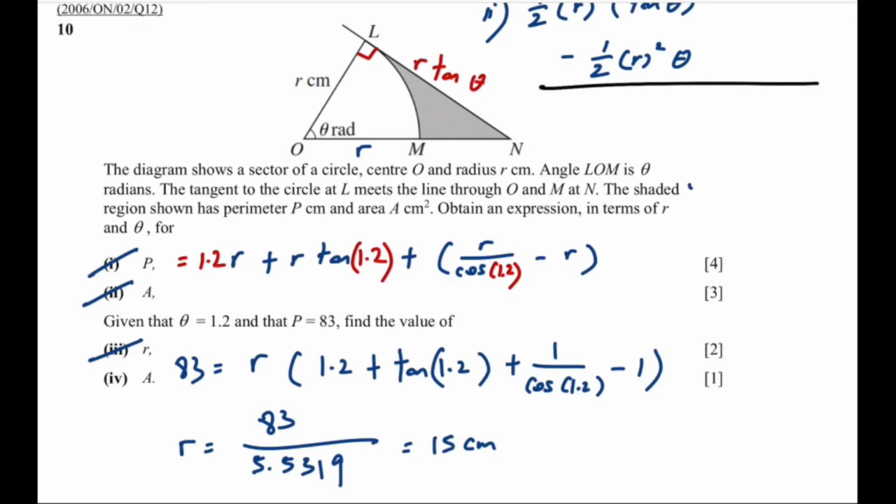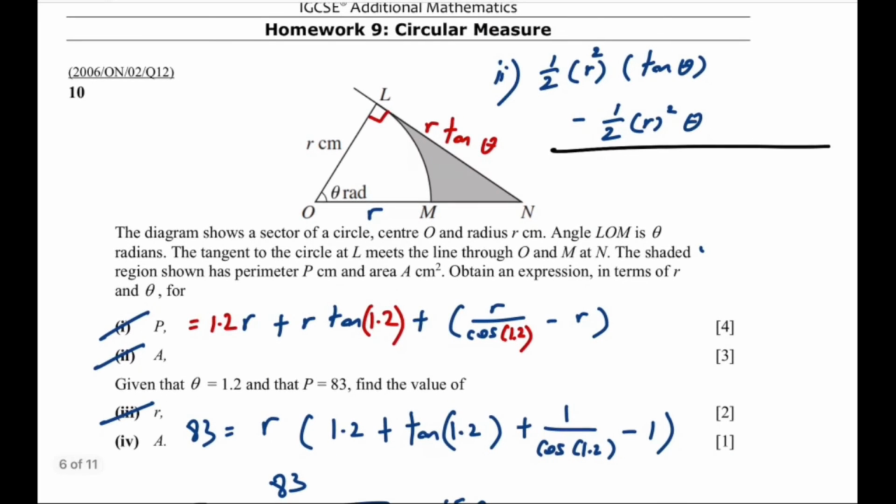I think we can find the value of A now. Okay, so number 4, the last question. If you want to find the value of A, you just have to sub in 1 over 2 R squared, where R is 15 and theta is 1.2, minus 1 over 2, 15 squared, 1.2.